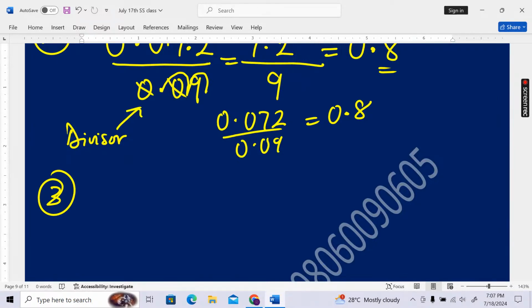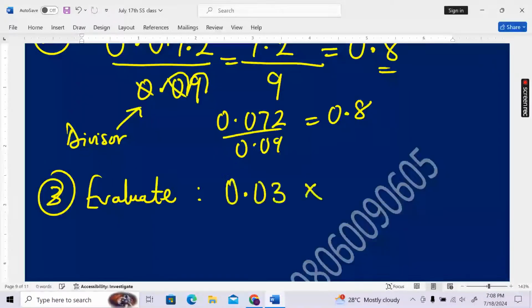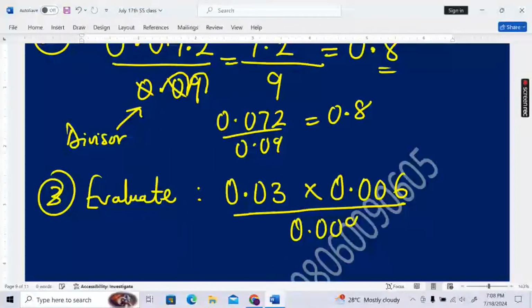We are still evaluating decimals. Okay, so let's evaluate 0.03 times 0.006 divided by 0.009.